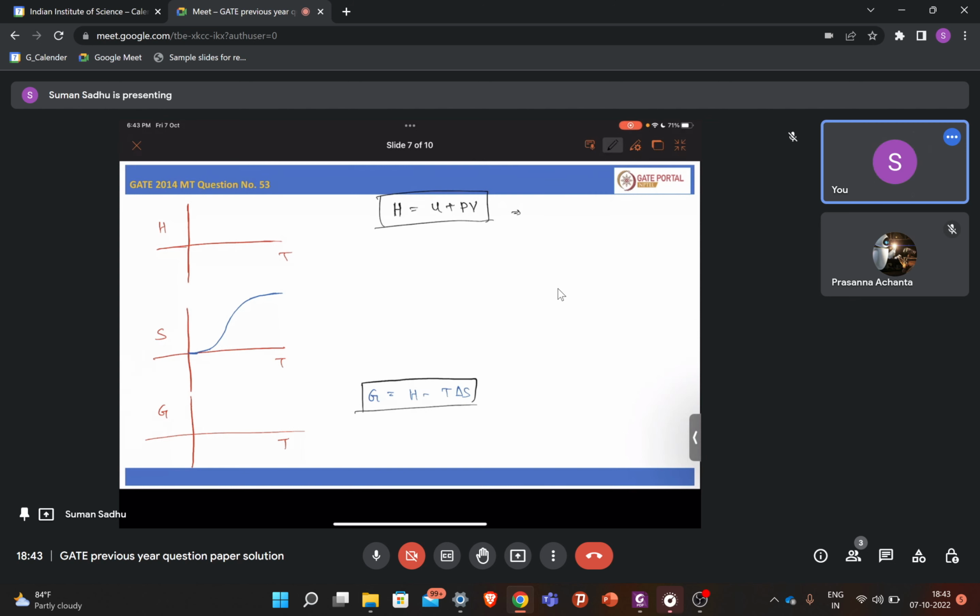Some of it is associated with internal energy, and some of it is associated with the free energy, or available energy to do work.